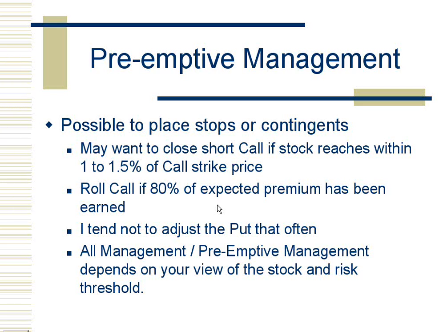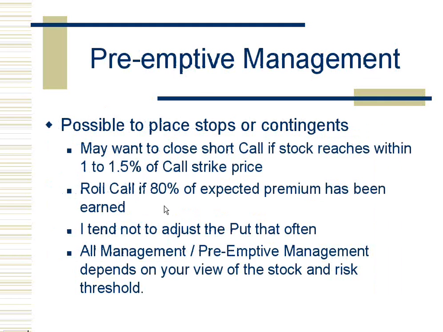If I have a contingent order in place to buy to close my short call at 50, and the stock closes at 49 and some really good news comes out the next day and the stock springs up to $55 or $56 per share, my contingent order on the upside got violated. I'm not going to be able to buy the call back for a reasonable price. It might cost me $6, $7, or $8 to buy to close that call. I might as well just let it get assigned.